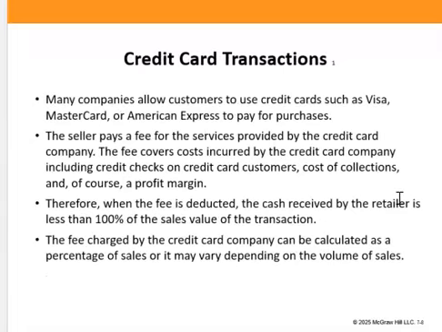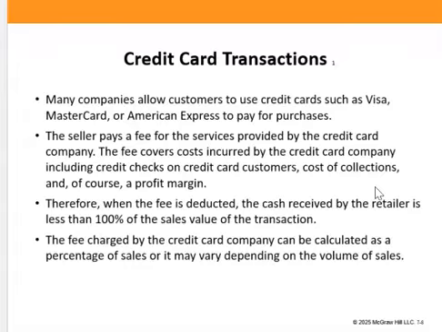Credit card transactions, okay, so Visa, MasterCard, American Express, and a lot of times when we pay by credit card, we, the customers, are enticed to use credit cards because of the different point options that are given to us, whether it's travel points, whether it's Scene points, whether it's getting money back at the end of the year.